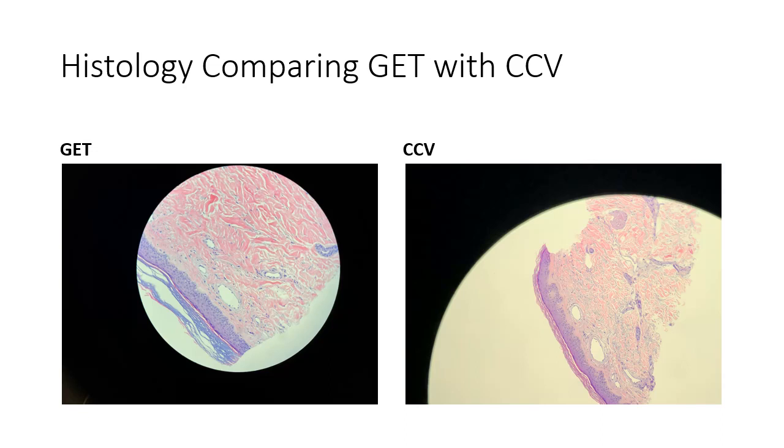Why these lesions occur, no one really knows. They're usually not associated with systemic disease, although GET may be associated with other hemorrhagic telangiectasias, such as in the stomach or the eye. But most of the time, they appear by themselves.